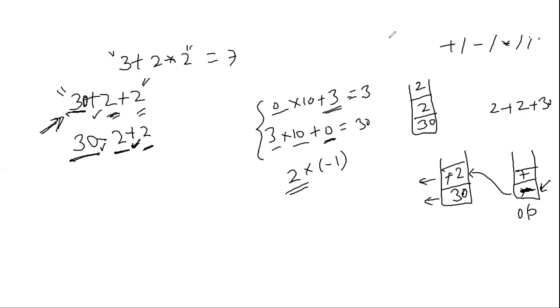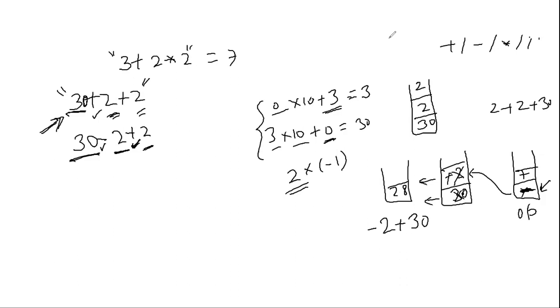Yes. So I'll evaluate 30 minus 2 and push the result back to the stack. So you will say minus 2 plus 30, and then these were gone. And then you are saying that I have to push 28, right? Yes. And then, yeah, so that should work.